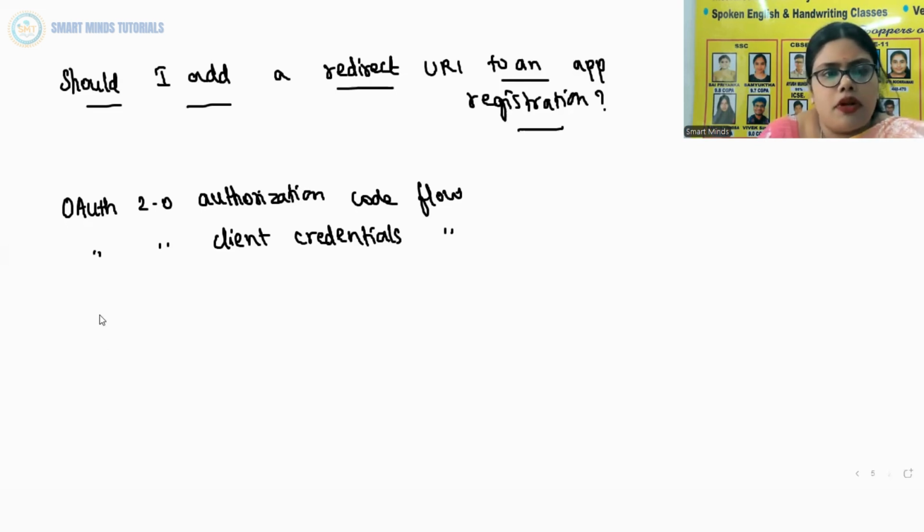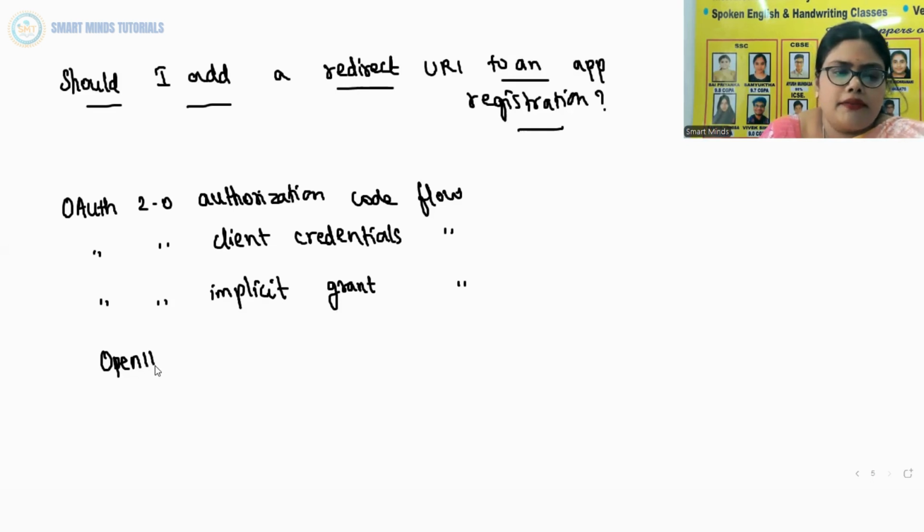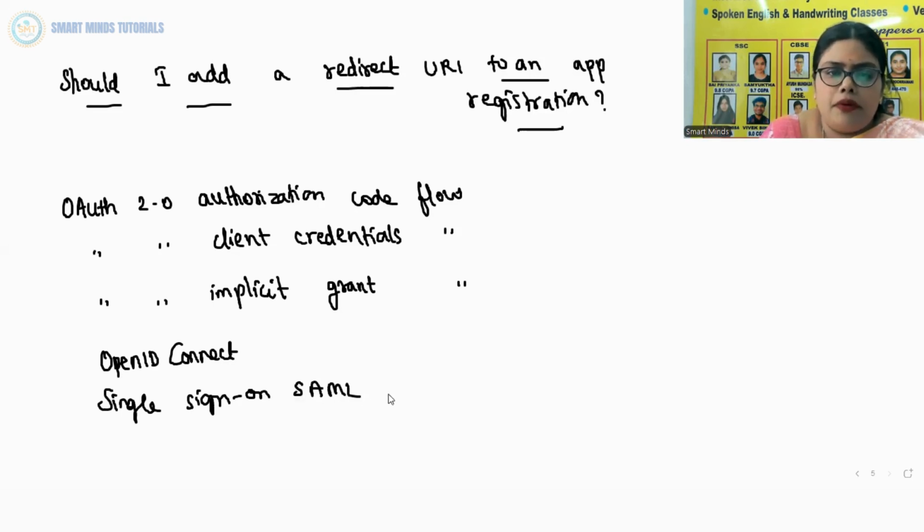Then the next protocol is OAuth 2.0 implicit grant flow. Next is OpenID Connect. The next protocol is single sign-on SAML protocol.